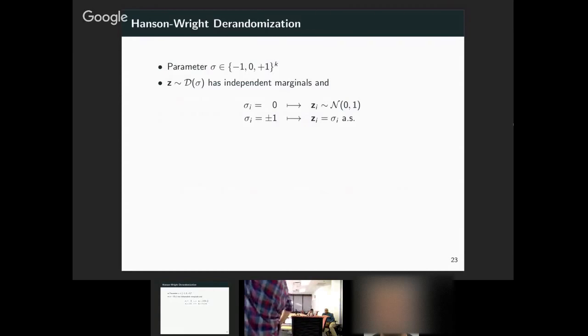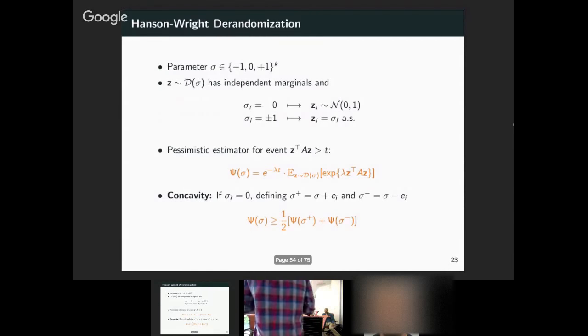So there's a vector sigma of length k, whose entries can be either -1, 0, or +1. The distribution D of sigma will be such that its marginal, when sigma_i is 0, is going to be a Gaussian. And when you fix one of these to be either +1 or -1, we're fixing that z_i to be that value.